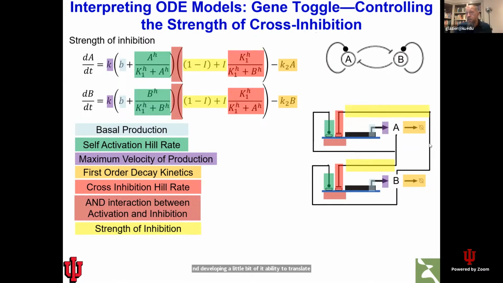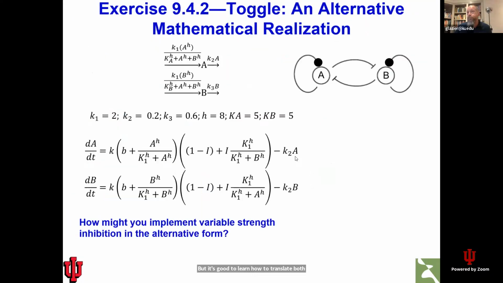I prefer the arrow diagrams because, if they're annotated properly, they can unambiguously give you the ODEs. The ODEs, it winds up, can be ambiguous. There could be multiple circuits that give the same ODEs. But it's good to learn how to translate both directions. All right.